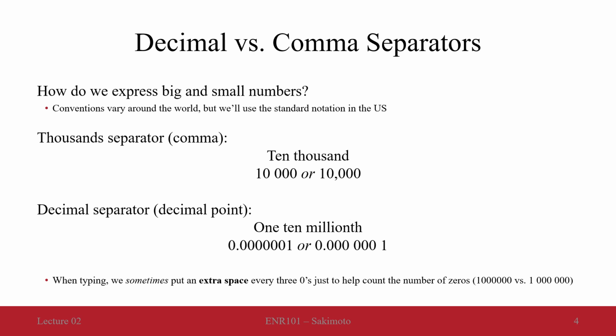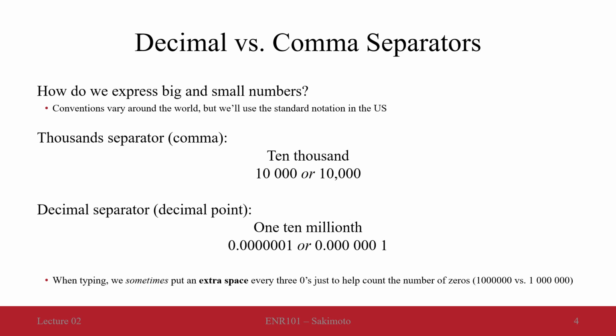It kind of is a little random. Here in this class, and particularly in the US, we use a notation that uses a comma to separate the thousands place. So if I wrote 10,000, the two standard ways I would write it would be 10 space 000 or 10 comma 000, representing a very large number, 10,000.